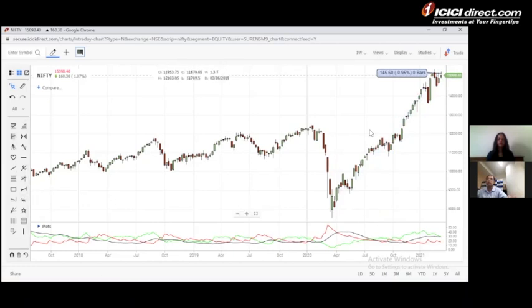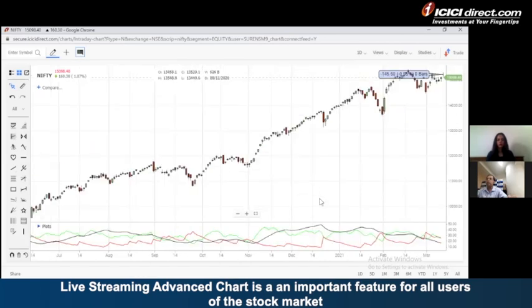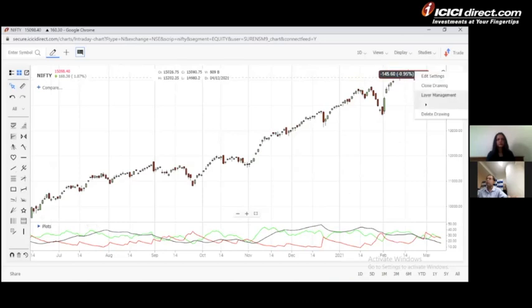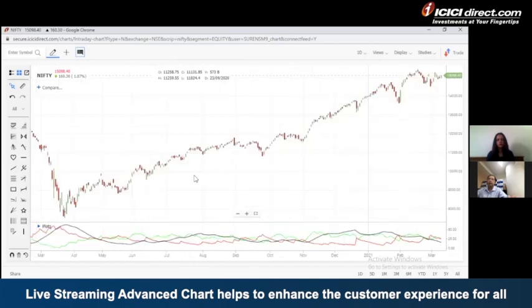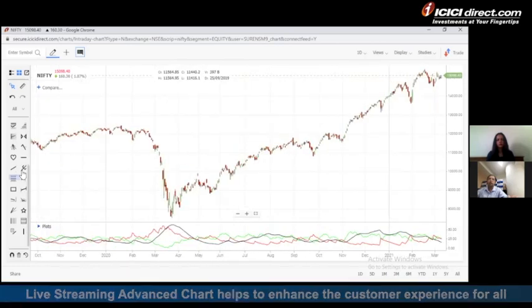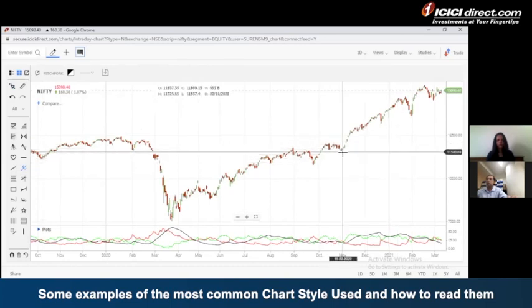Suppose I want to look for multiple support and resistance levels for the Nifty. What I can do is click on the pitchfork in the daily tools. It takes three points at one point of time.